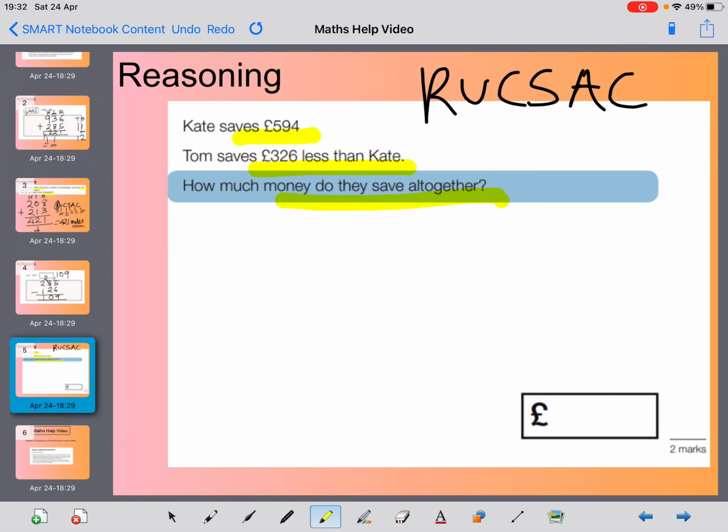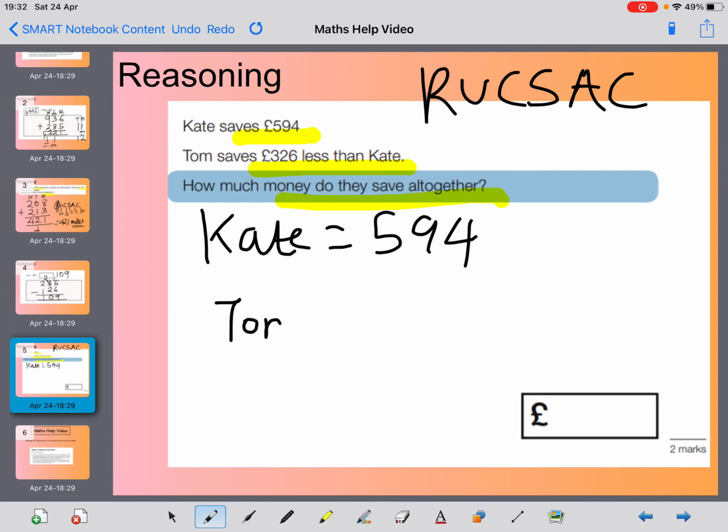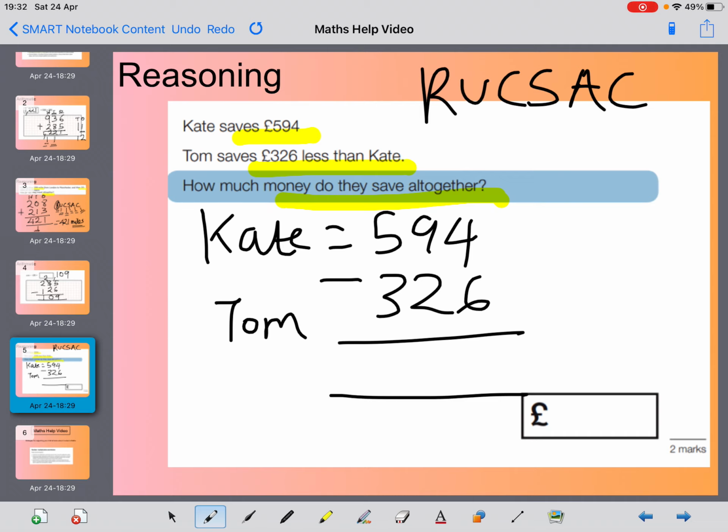So this looks like a two-step problem. So I know that Kate saves 594. Then Tom saves 326 less. So that means I have to subtract, because I need to find out how much Tom saves. So let's subtract. 4 minus 6. I cannot do that.